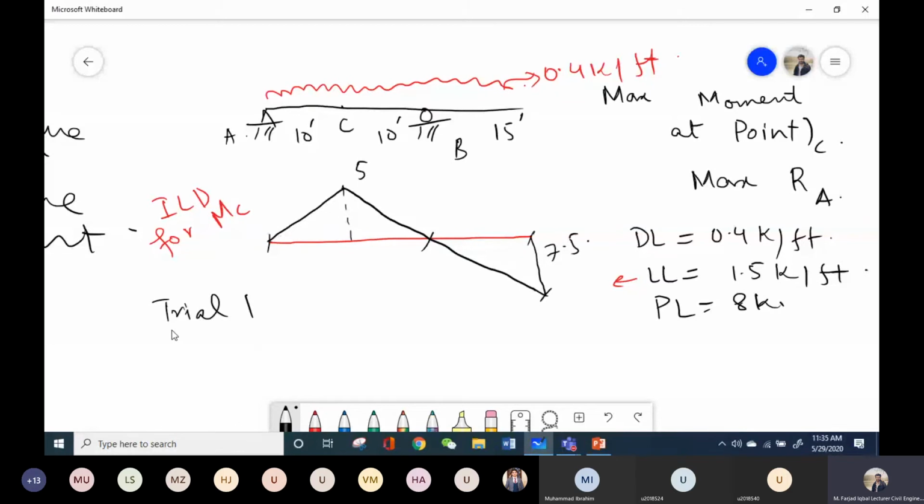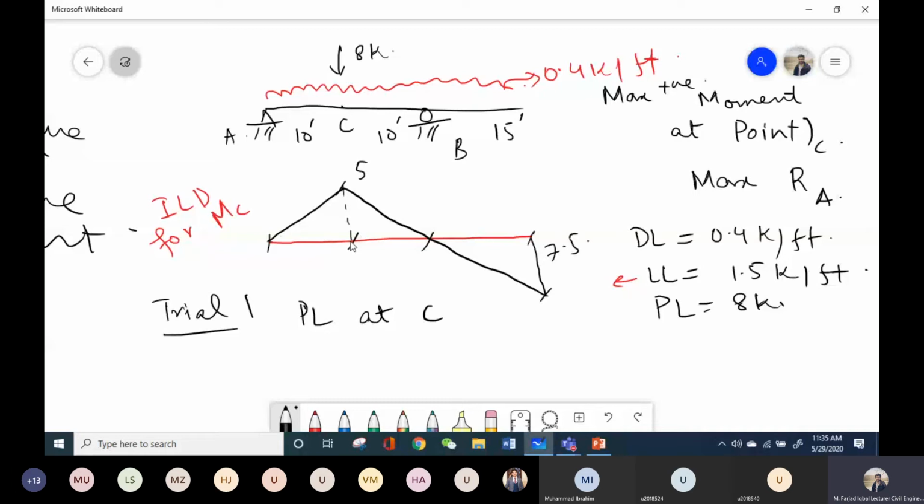So in the first trial, I will place my point load of 8 K at point C, because at C I already have the maximum positive component, and it was given in the question that we have to find the maximum positive moment. The maximum positive ordinate at point C is 5.